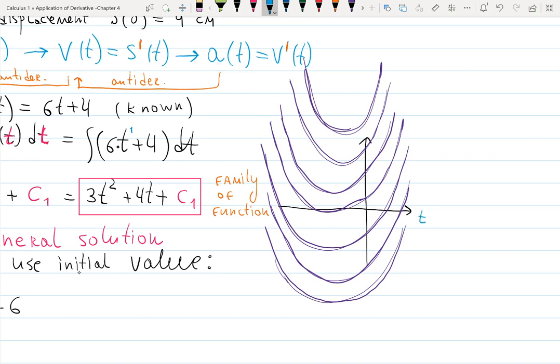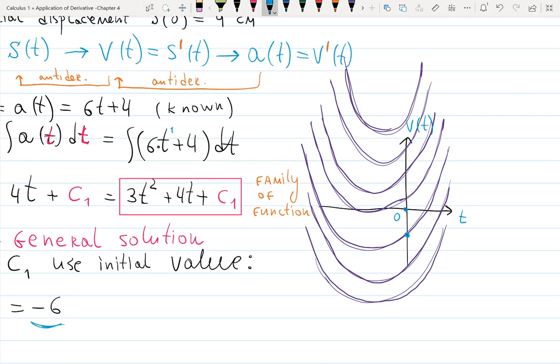When t is 0, and this is the v of t, family of functions, when it was 0, the output was -6. Say this is the one. Since I know this point and only one unique function goes through this particular point, I can fix this one unique answer.